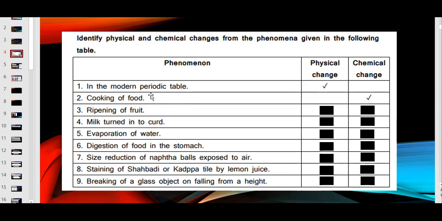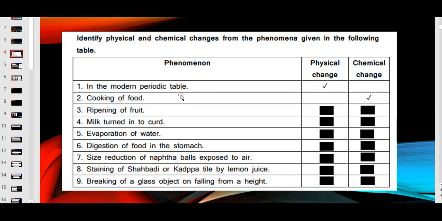For example, from the Mendeleev periodic table to the modern periodic table, what changes took place? We have made a physical change in the table. There is no chemical change when we are changing it.